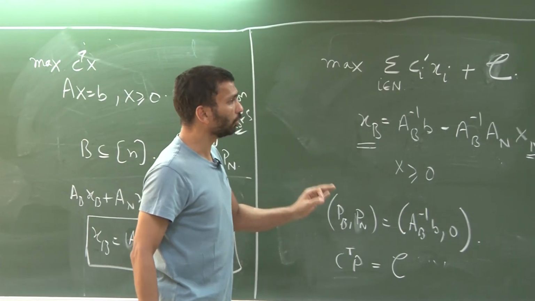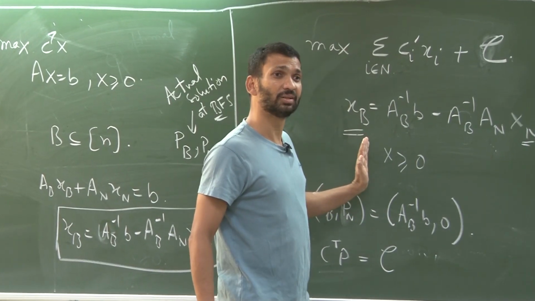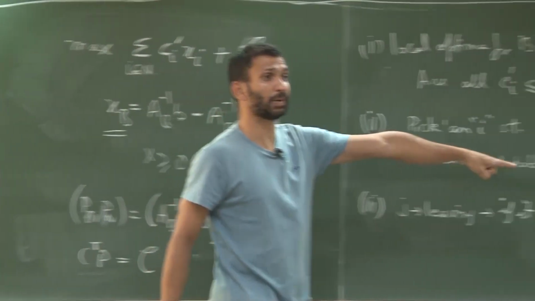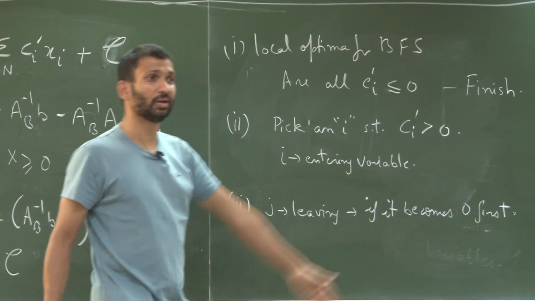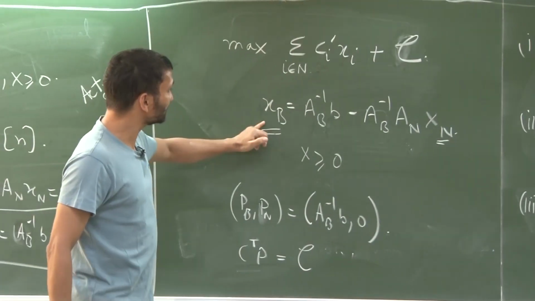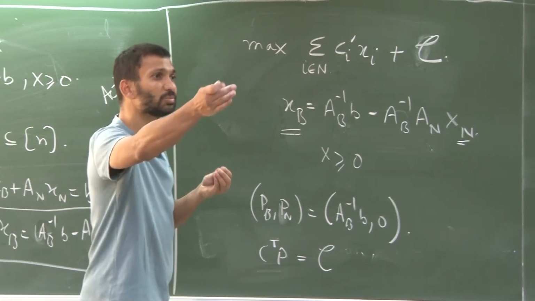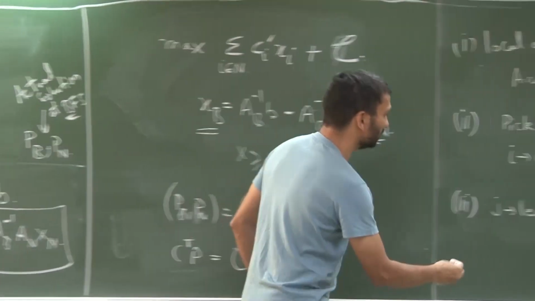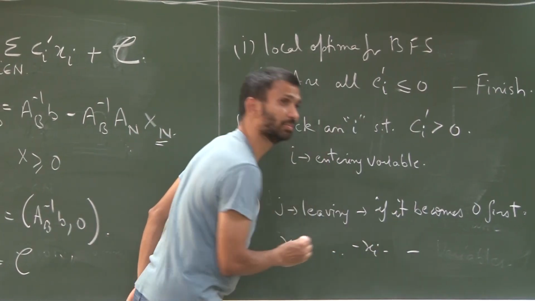Now, once I do this, I want to make sure that I get a similar form for B prime. But that's not very hard. Why? There is a single equation here where xj is in terms of non-basic variables, right? There is some equation minus xi something.